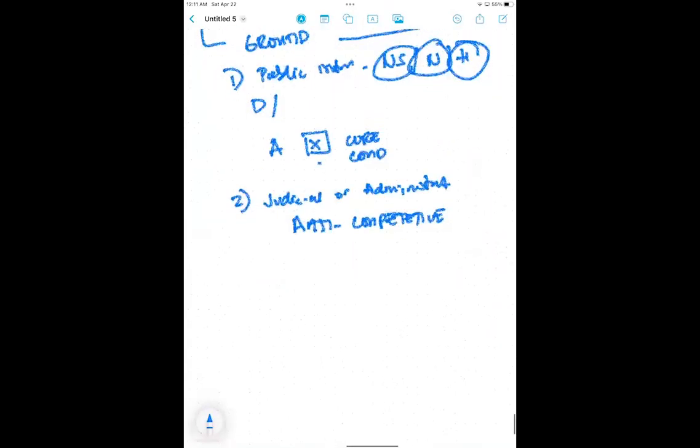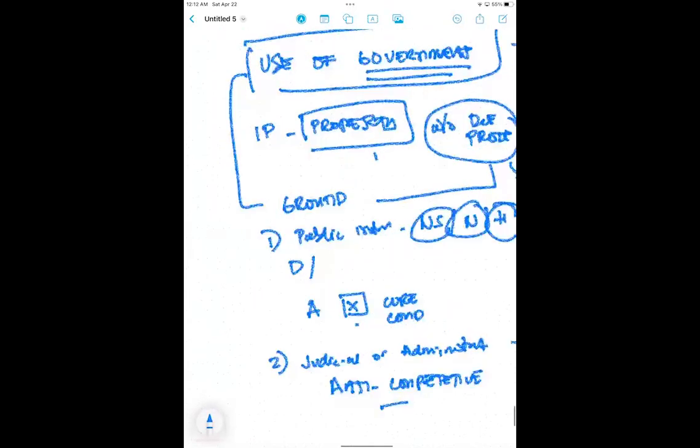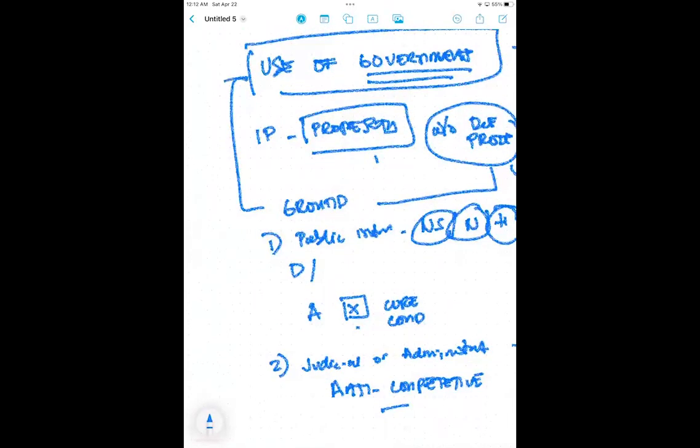Okay? Di ba, sir, sabi mo kanina, monopoly. Di ba pag monopoly, may anti-competitive talaga yan. Bakit ngayon sinasabi natin that whenever there is a judicial or administrative determination that the manner of exploitation is anti-competitive, pwedeng gamitin ito. Pwedeng the use of the government.